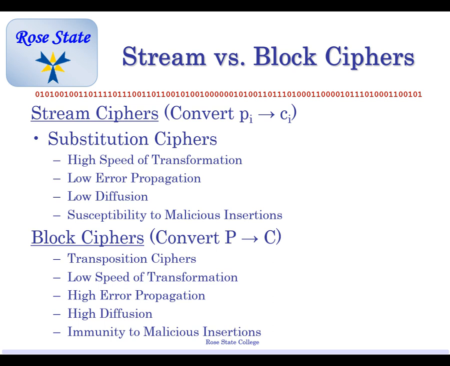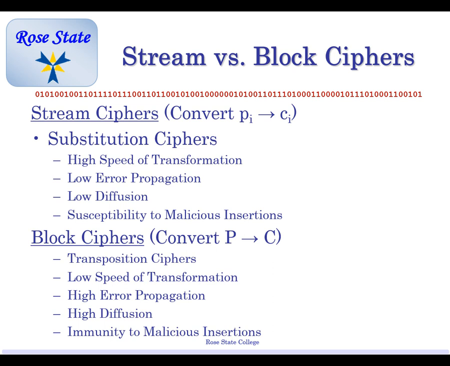Okay. Now, block ciphers, those are like transposition ciphers. They have a low speed of transmission. In other words, we have to get an entire block together. It's kind of like getting an entire group of people to decide on something. It takes a while sometimes. Then you encrypt it and send it across. High error propagation. So if I have a 64-bit block and I screw up something in it, most likely that entire block will be screwed up.